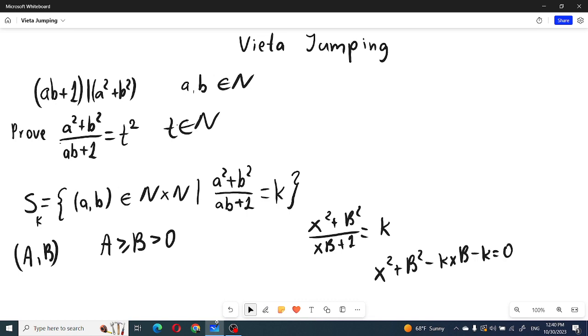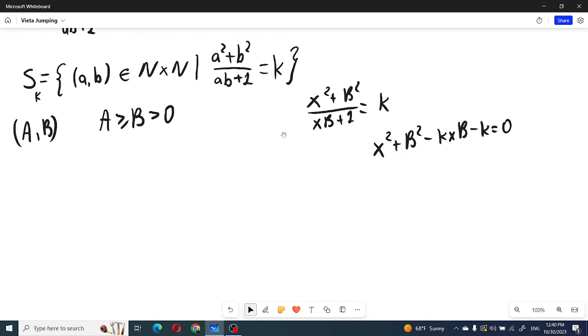And now we can look at this equation as a quadratic equation with unknown variable x, and now we will need to use Vieta's formulas for this one.